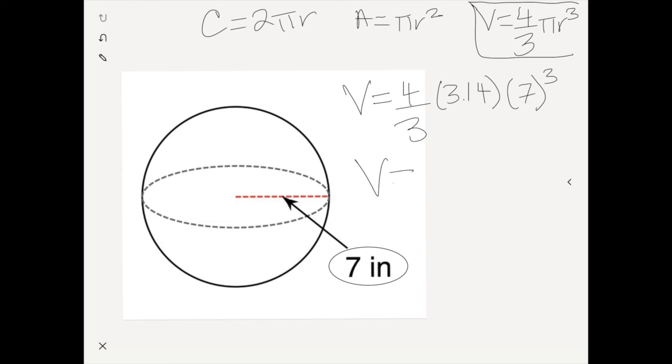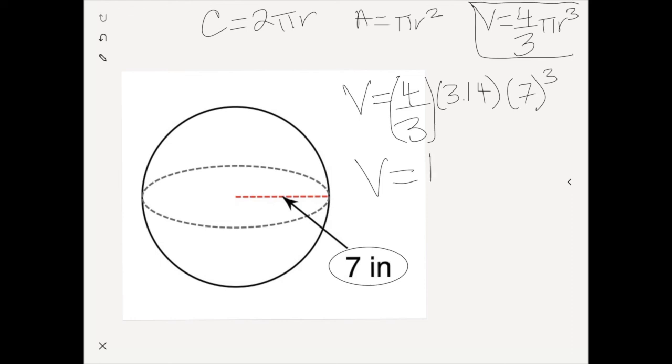So V equals, I'm just going to put all this in my calculator. 7 times 7 times 7 times 3.14. I always start with my fraction, but if you're using Google Calculator, just make sure you put parentheses around your fraction so that you don't get the wrong decimal. So I'm going to do 4/3 times 3.14 times 7 times 7 times 7.